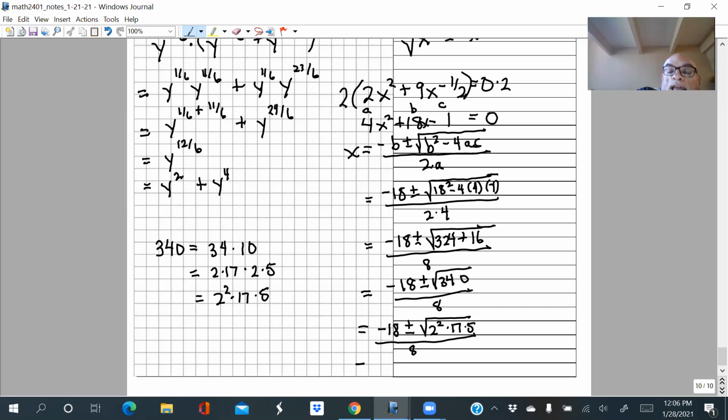But you can write the 2 times 2 as 2 squared. And what's the square root of 2 squared? That is 2. So you can extract a 2 from underneath this square root. See, so you can simplify that a little bit by hand. The square root of 2 squared is 2.